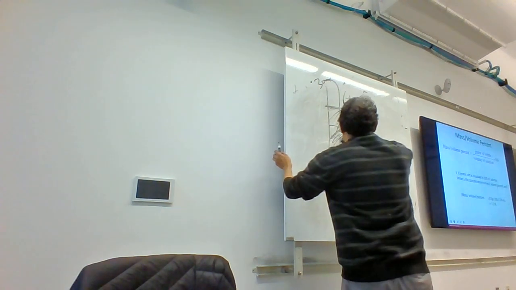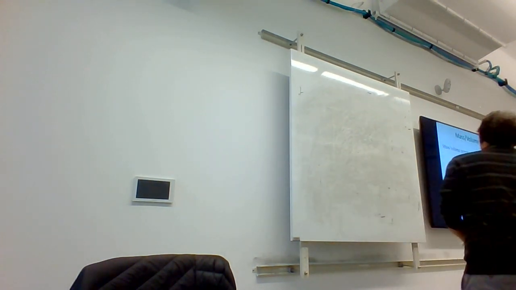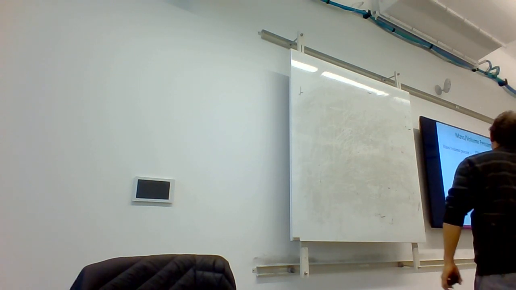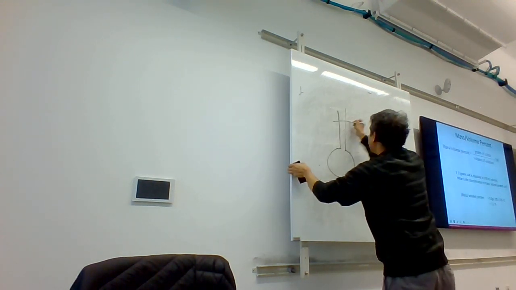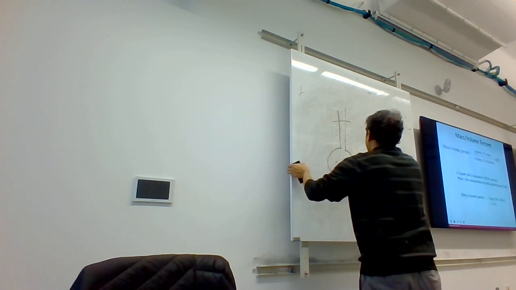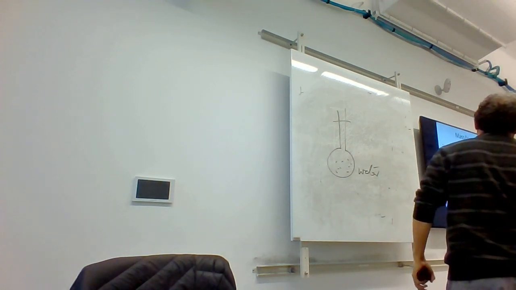Mass divided by volume. So here, mass divided by volume. Let's say 3 gram of salt is dissolved in 250 ml solution. I have this flask here, and then I have water. How much water I have? I don't know.